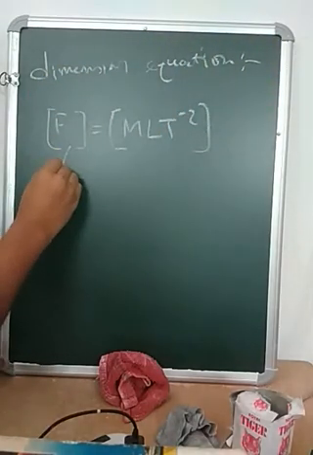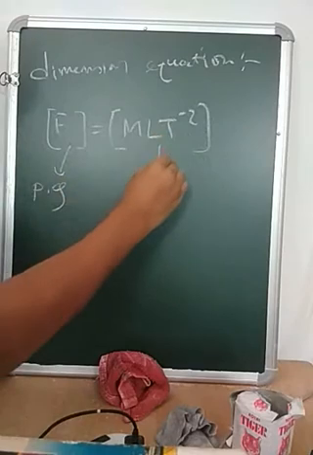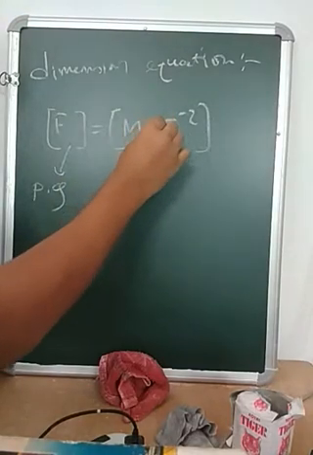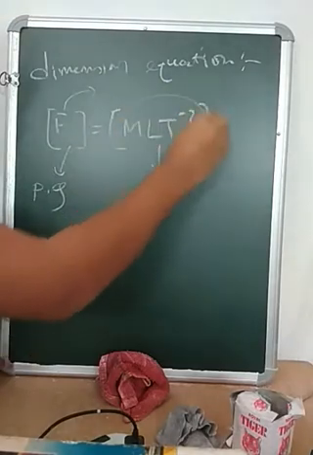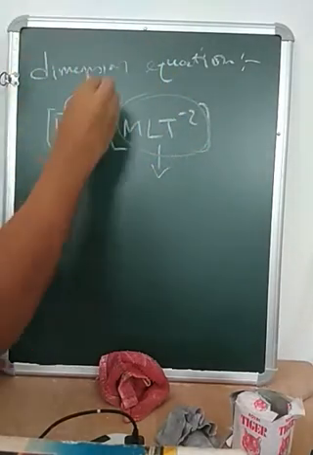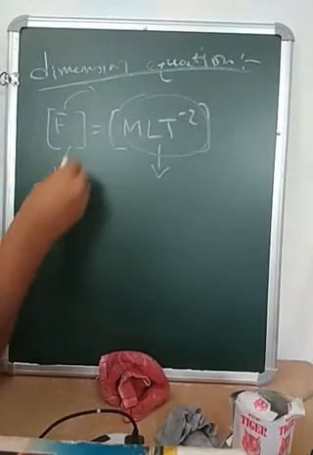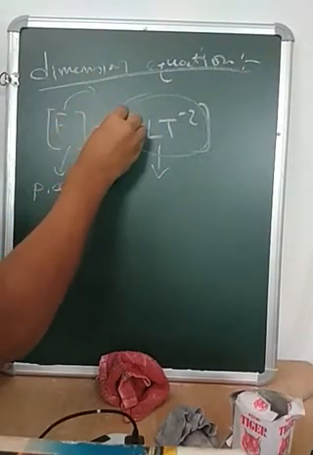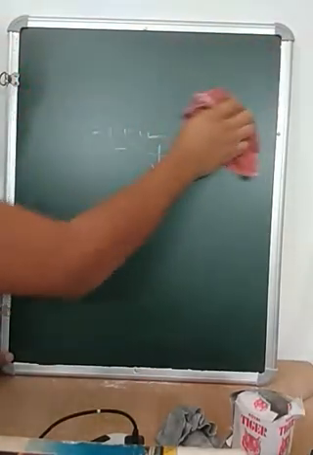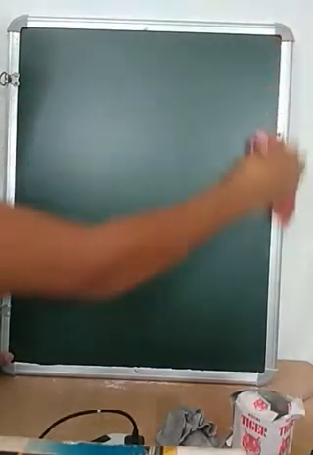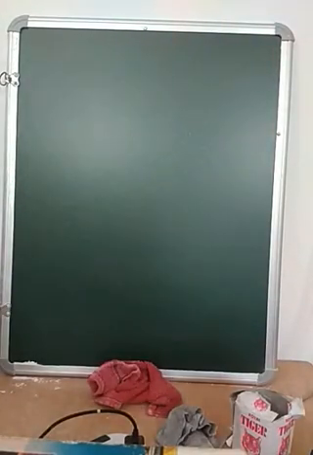This is the physical quantity, and this is the dimensional formula for this physical quantity in terms of base quantities, that is, in terms of M L T.